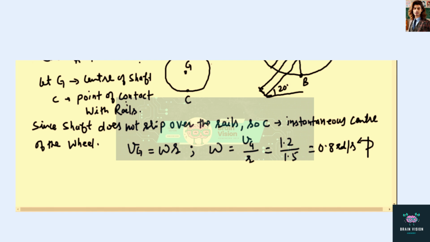Now we will analyze the acceleration. Acceleration analysis. The acceleration of C is along AC in the direction 20 degree.